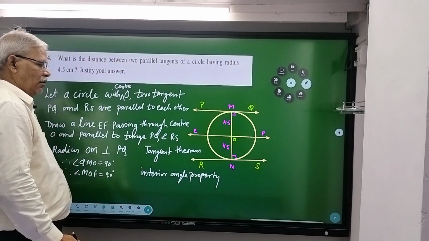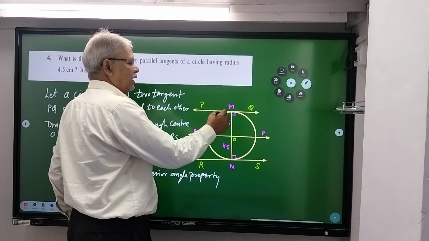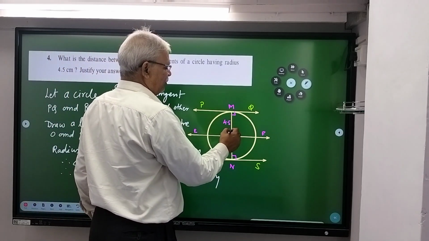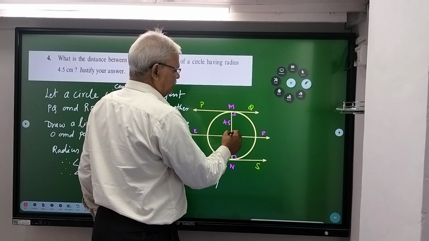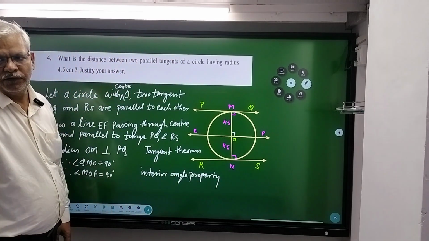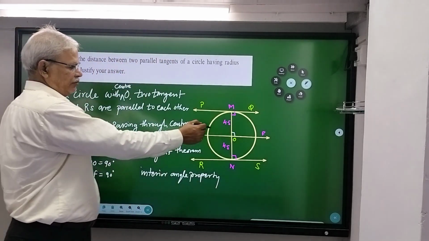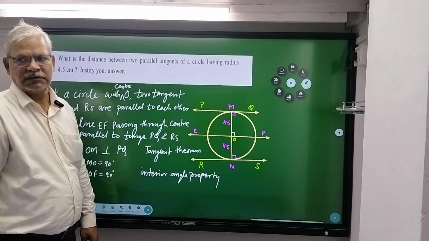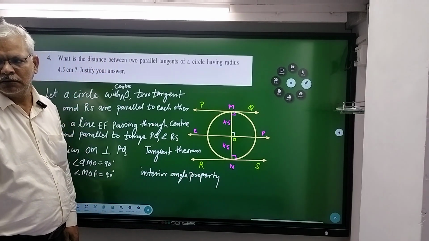Okay. What is the interior angle property? The sum of the interior angles is equal to 180, means the sum of these two is supplementary. Okay.